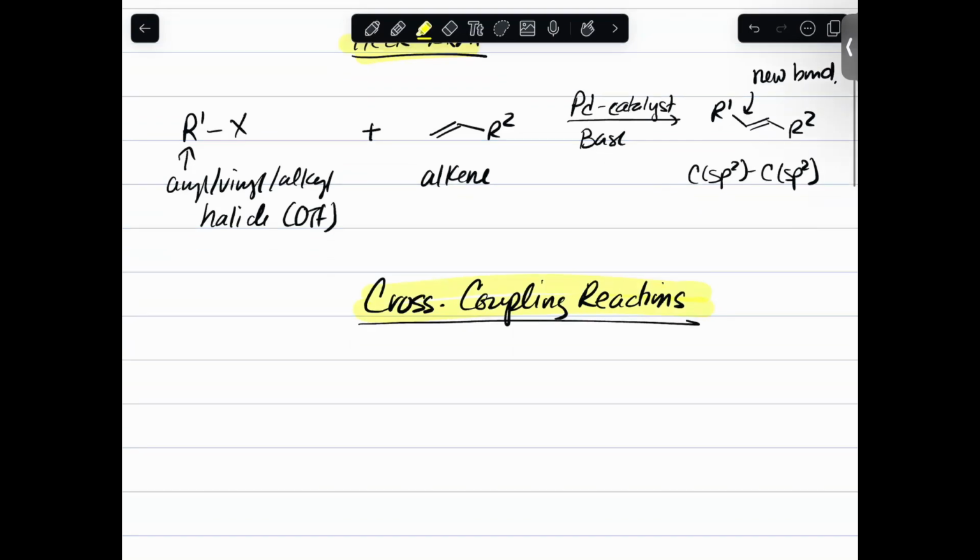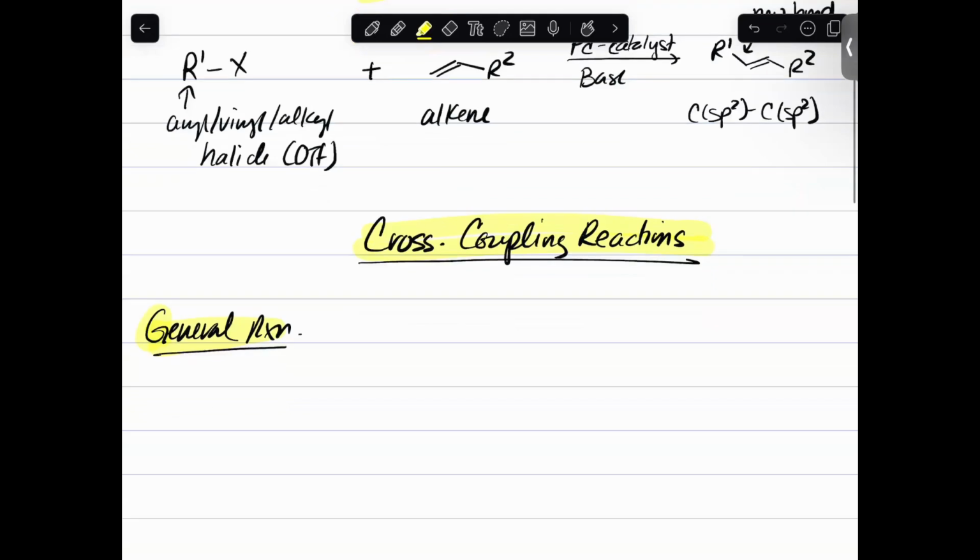The general reaction for these cross-coupling reactions requires that you also start with an aryl, vinyl, or alkyl halide, just like the Heck reaction, or triflate.